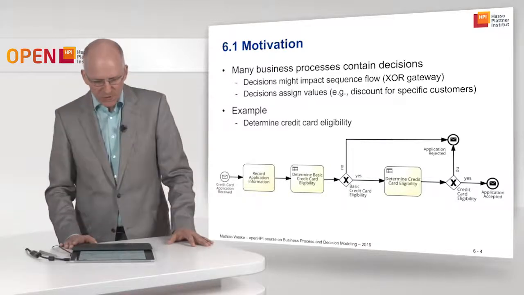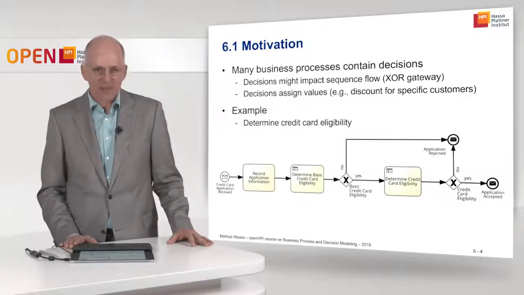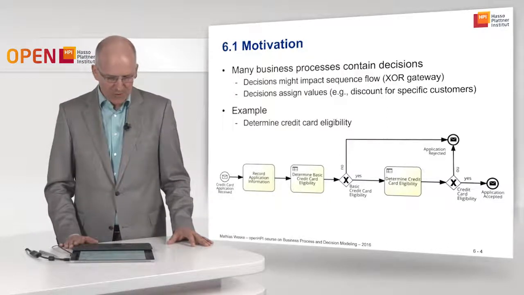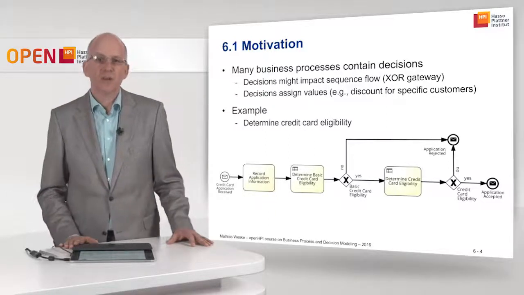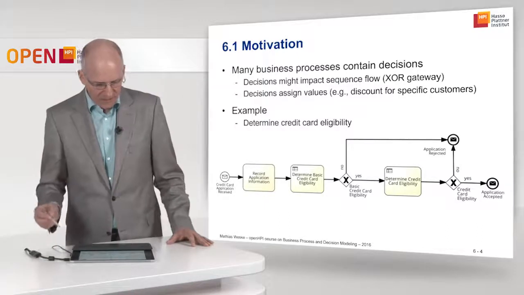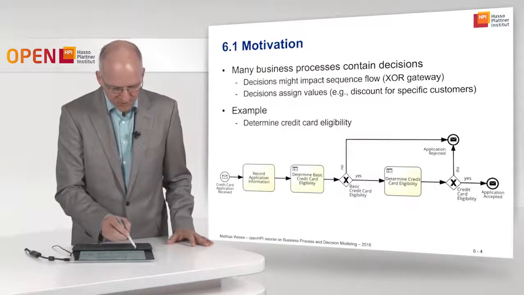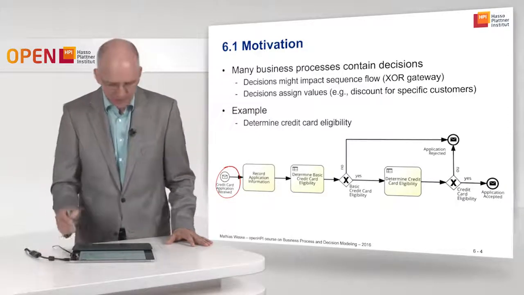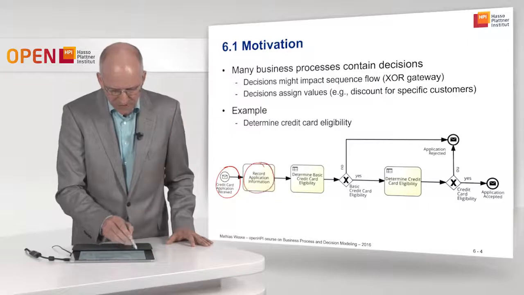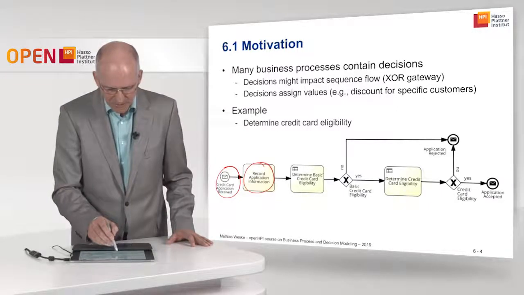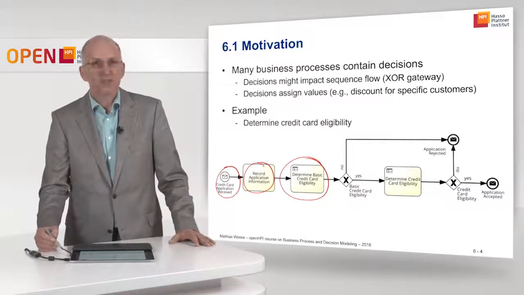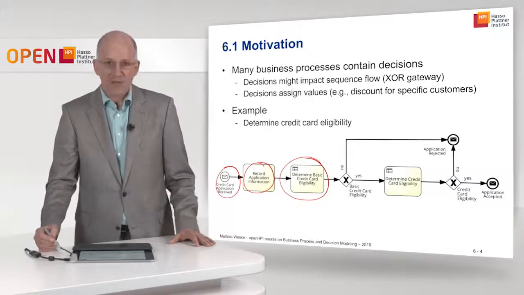An example of the first kind we have seen here, and we have seen this earlier in the introduction already, where we have a process that decides on whether a credit card application can be granted or not. Here we have, first of all, the start event when I receive the credit card application. First, you need to record the application information, and then we have the decision task called determine basic credit card eligibility, and it has two outcomes.